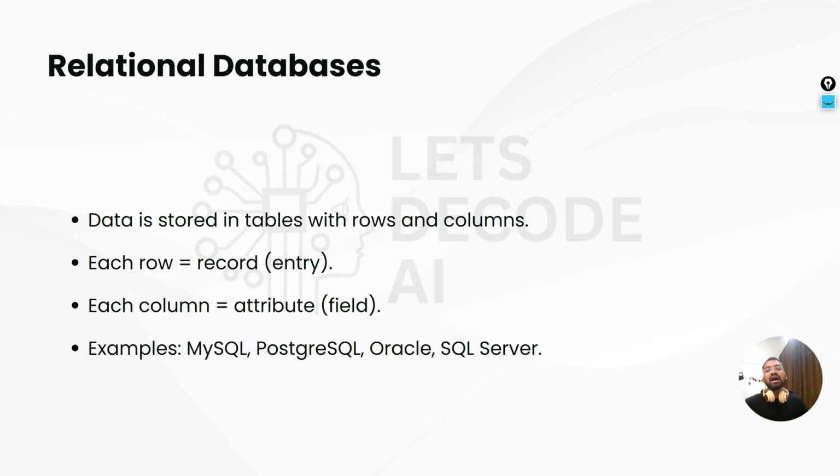Relational databases are very powerful because we can link multiple tables together. This is one more reason why we prefer relational databases instead of an Excel sheet or a Google Sheet, because in a Google Sheet you will be able to access or view one table at a time, right? One sheet at a time. But let's say for a complex system like a school management system, you will have a lot of tables.